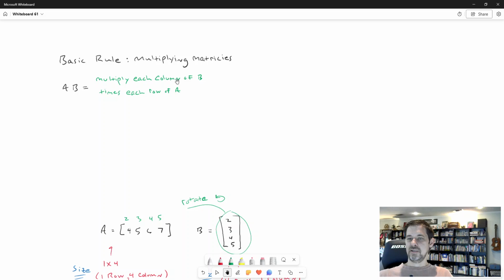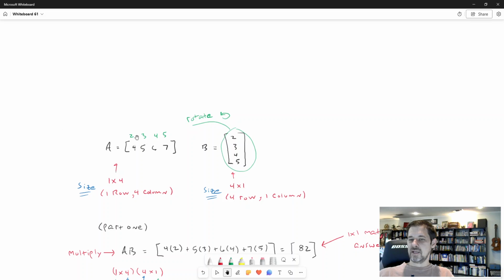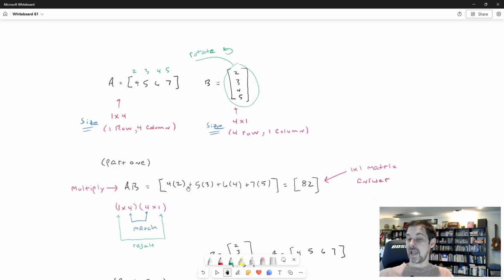So I multiply each column of B, but I have to rotate that column so that it lays right on top of A, on the row of A. And then I multiply those numbers as they line up. 2 times 4, 3 times 5, 4 times 6, 5 times 7. And then one final step is I add those individual results. Okay, so that's how we do it.